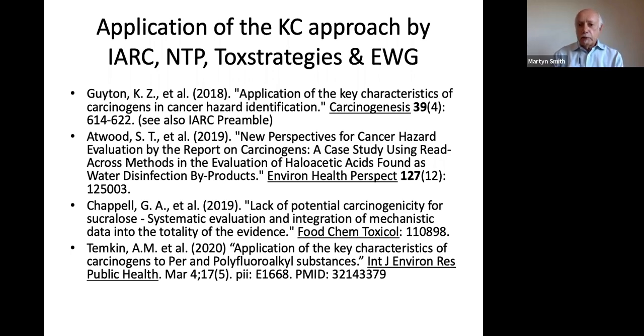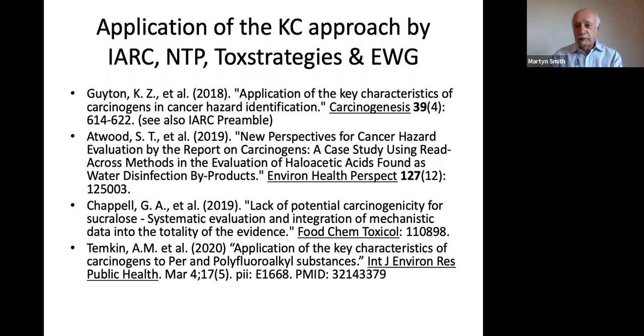They're also being used by the National Toxicology Program report on carcinogens. There's a paper they just put out on haloacetic acids, and it's a case study, and it really shows the importance of the key characteristics in their thinking. Consulting groups have started to use it, such as ToxStrategies, to look at a systematic evaluation of the mechanistic evidence for carcinogenicity of other chemicals.